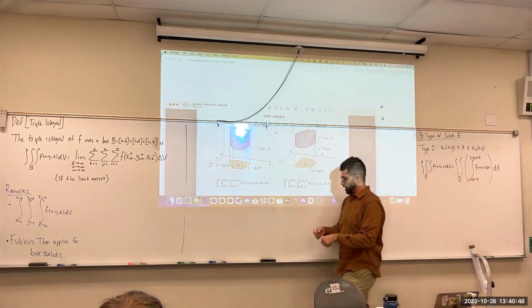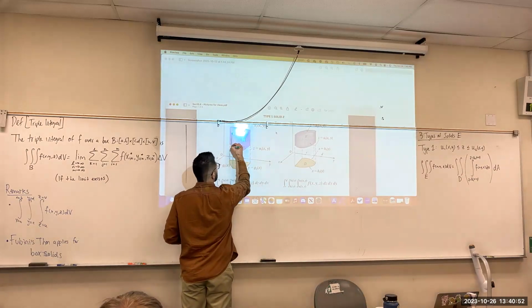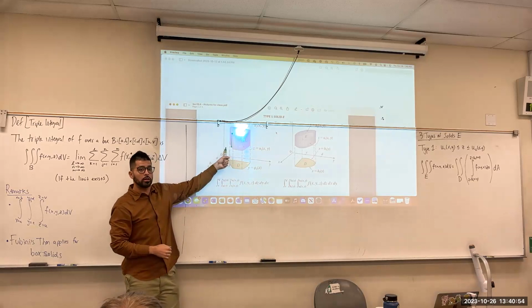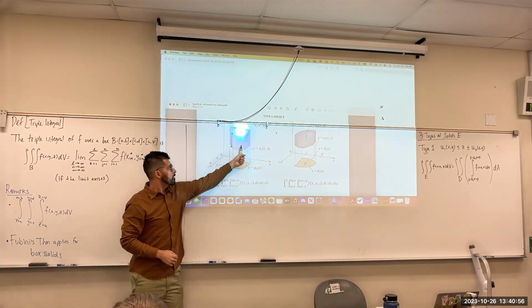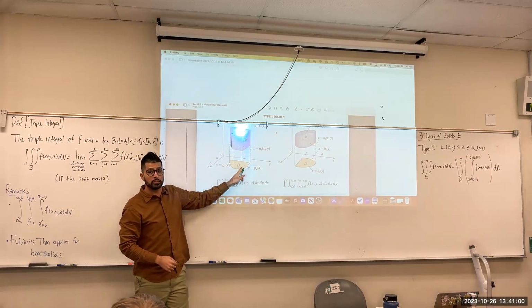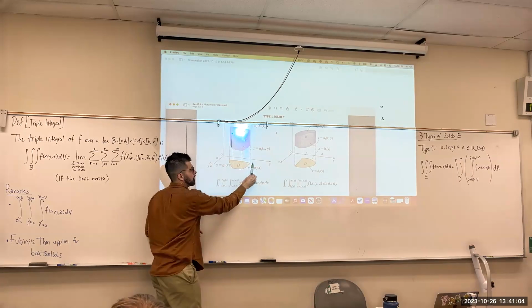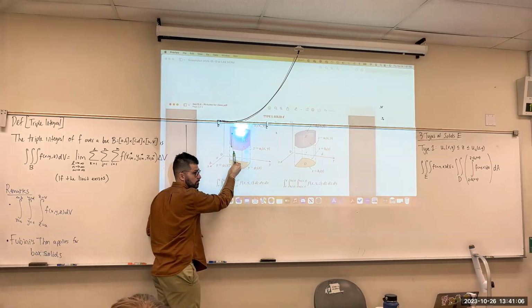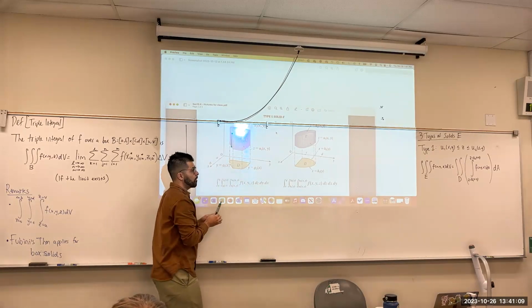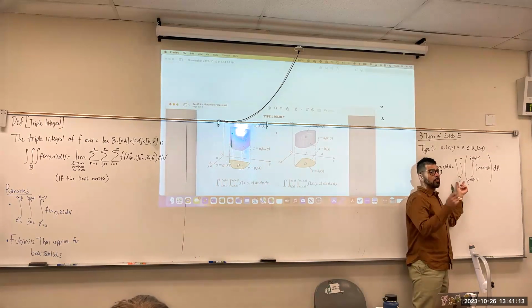I have my skewer right here, poking my surface, but that skewer is now bounded. I can only move it with respect to the region below it. My skewer can't be over here, it can't be over here, it has to be inside of this region. Right? So now you've got to say, okay, what are x and y bounded by?